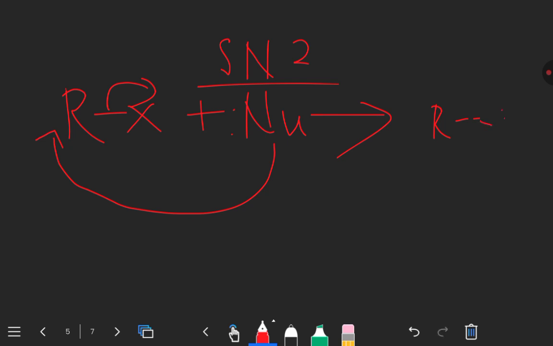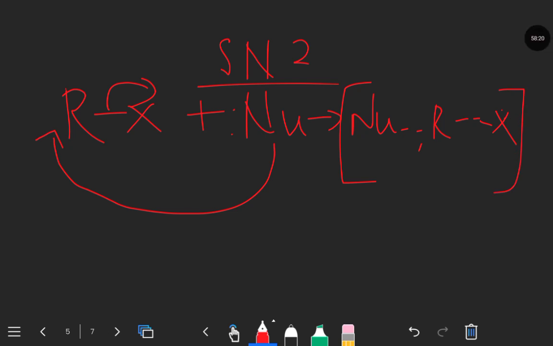So before the X, which is the leaving group, leaves, and also before this nucleophile attaches, you show it with a dotted line. Then you put it in these brackets.